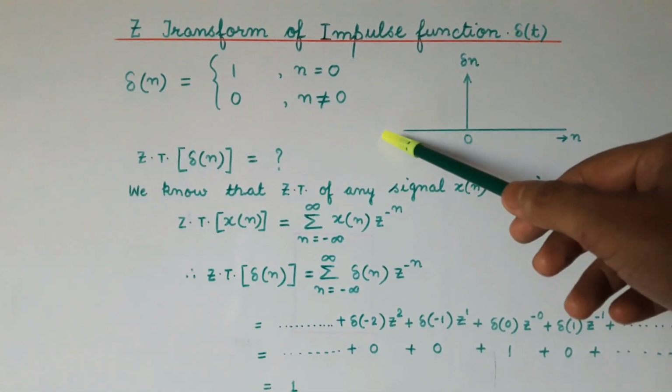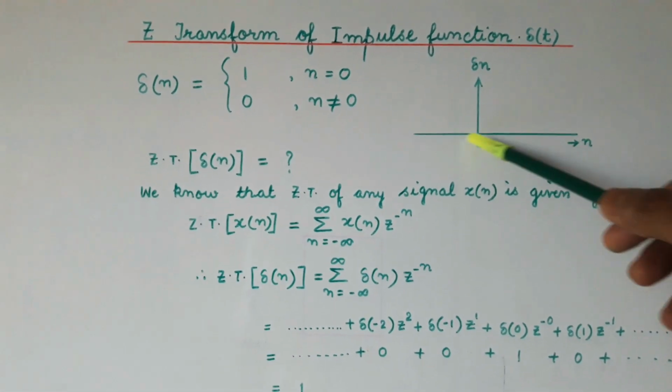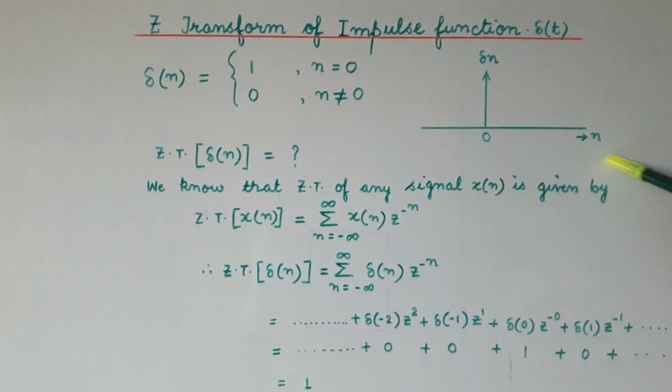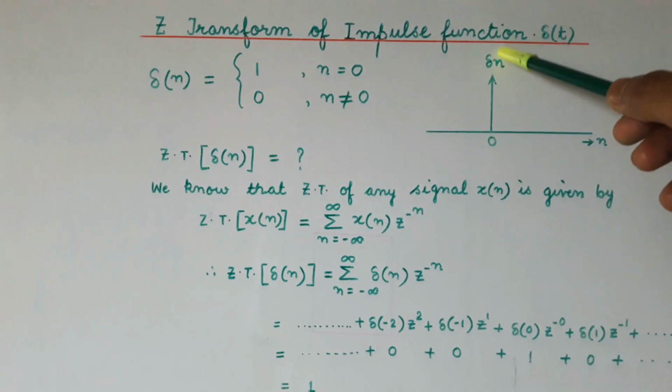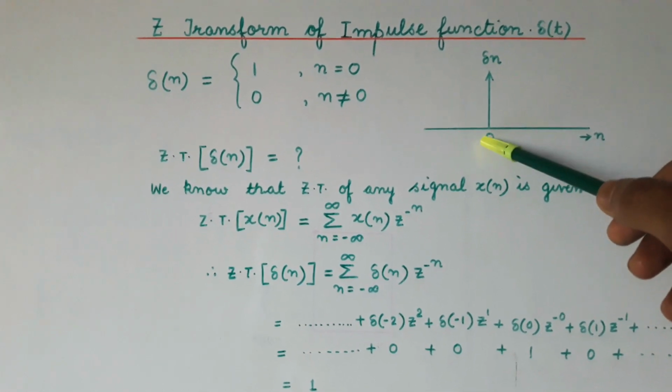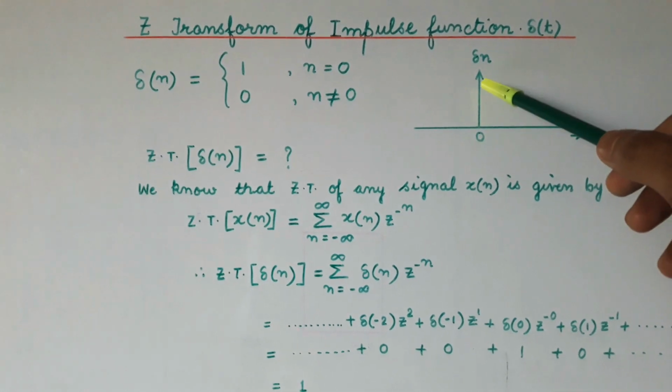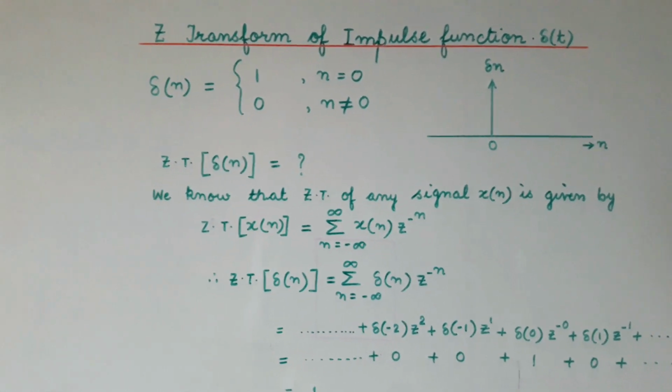The graph of the discrete impulse will be as shown in this figure. The value of delta n will exist only at n equal to 0, and its value will be equal to 1 if it is a unit impulse function.